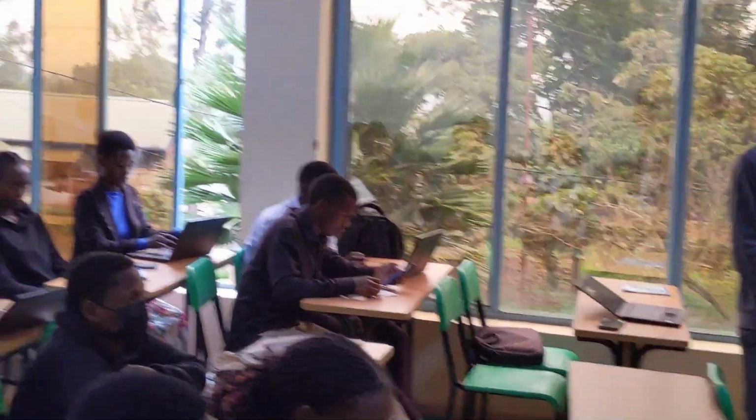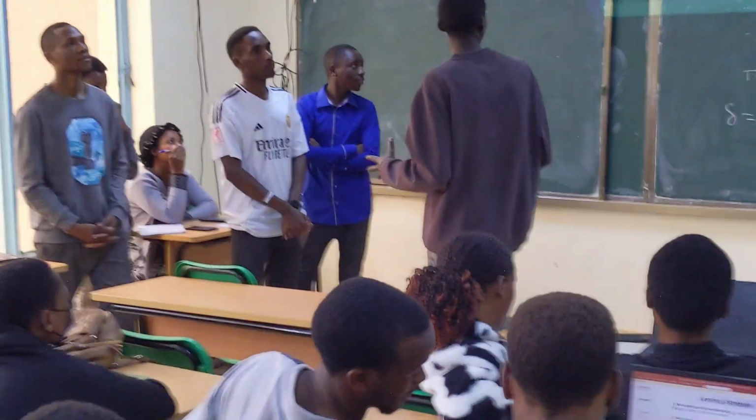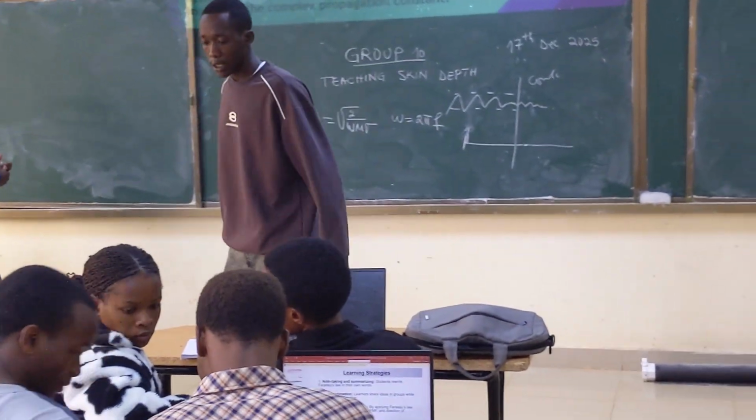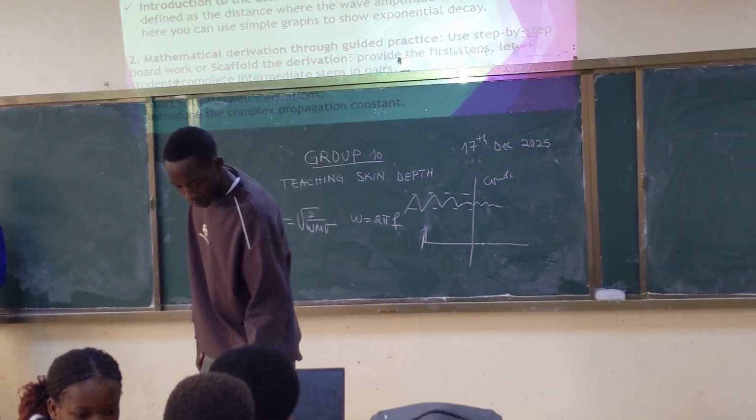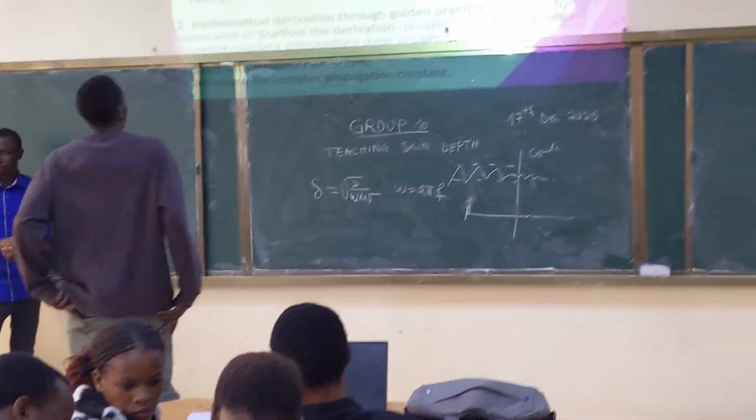So let's come up with teaching strategies for skin depth. Those are strategies which we refer to for providing a lesson during class. The first point is to begin from a real life situation.